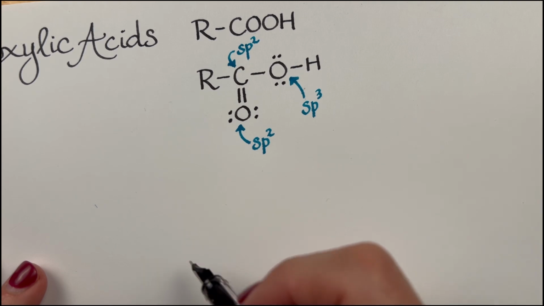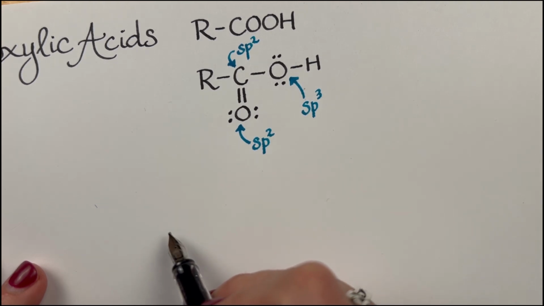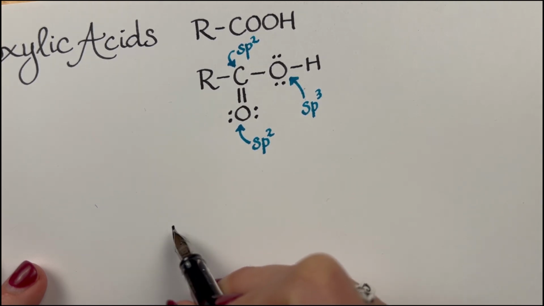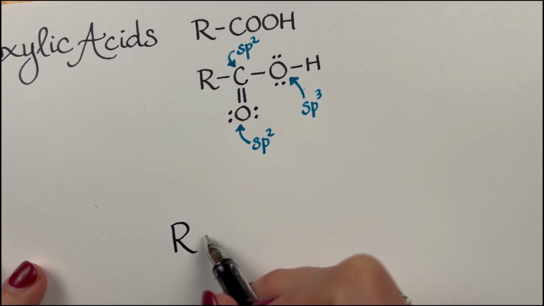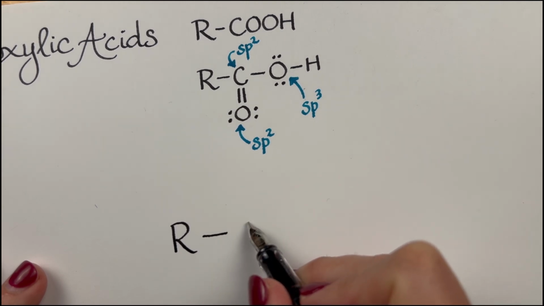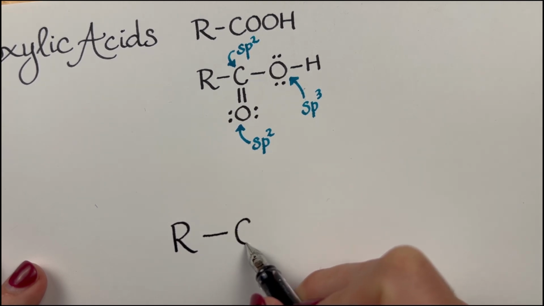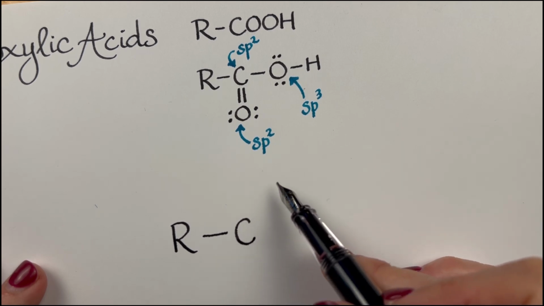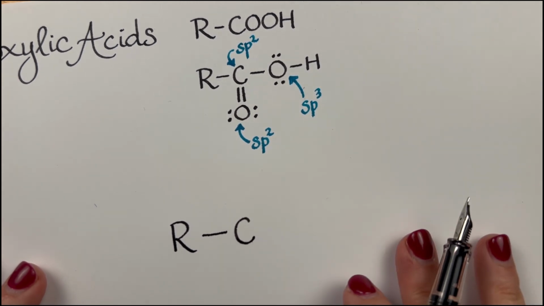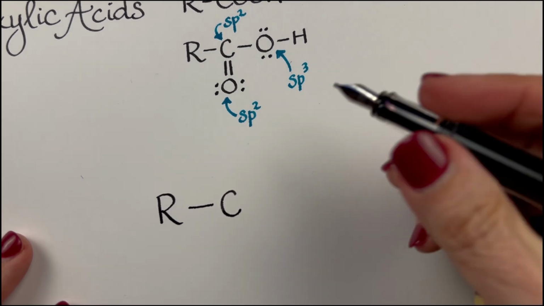Give myself a little bit of room here. So here's our R group. And this I will have bonded to this carbon. Now remember, we need 120 degrees around this carbon.